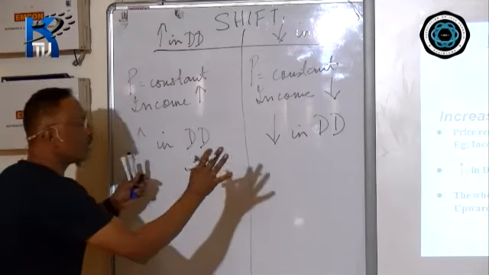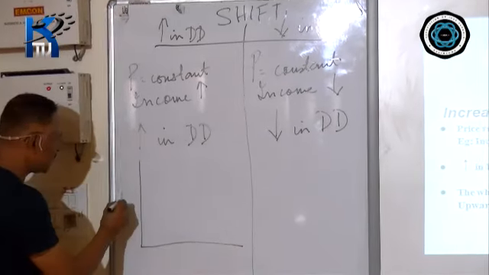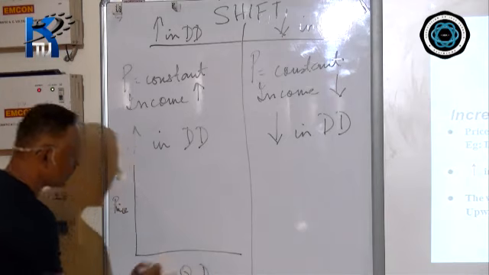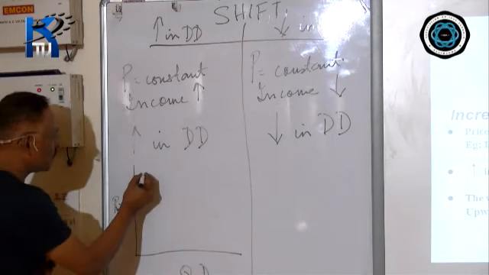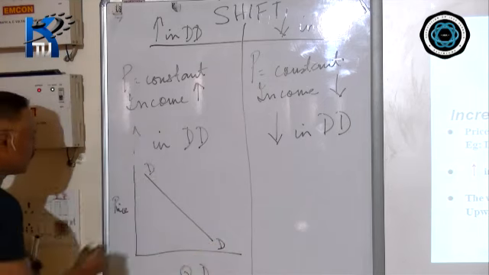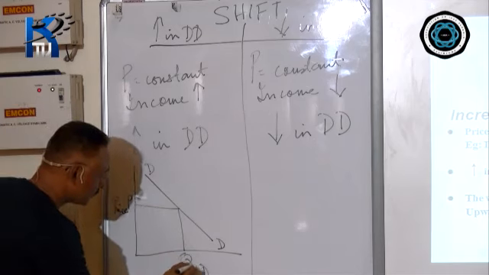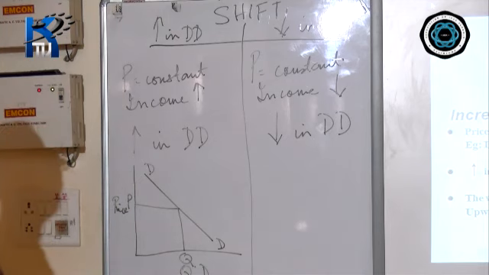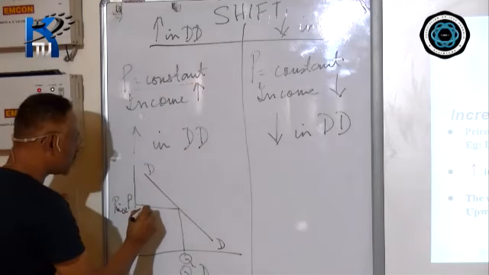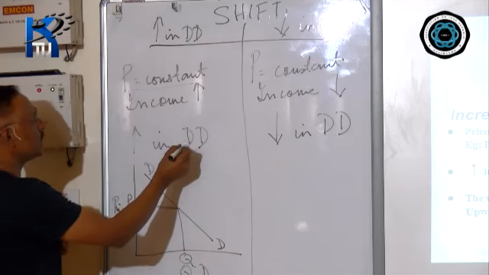Now, let's have a look at the graph. This is your price. This is your quantity demanded. Your demand curve, DD. Now what happens? Make sure your price will remain constant, no change in the price. But still there should be increase in the demand.